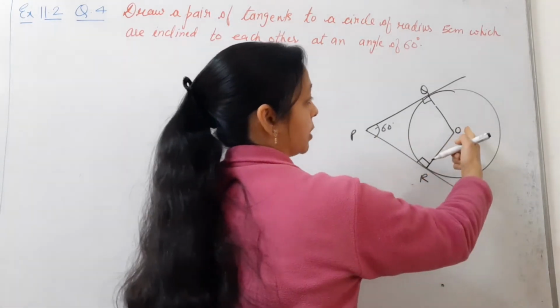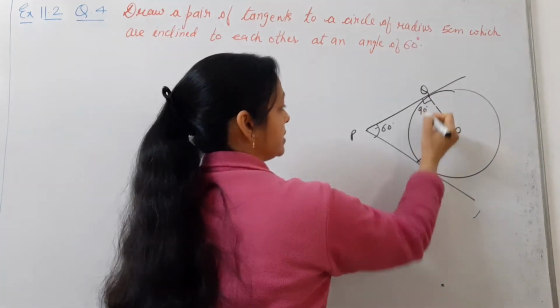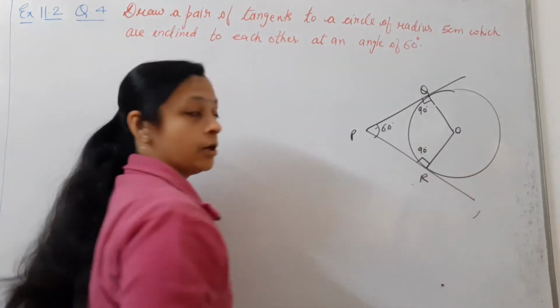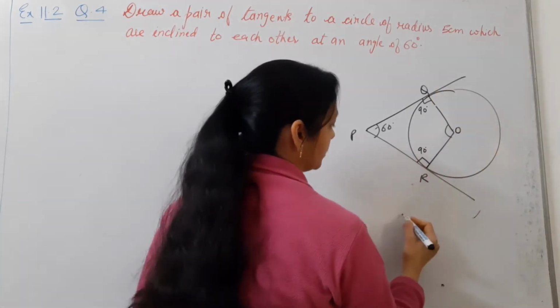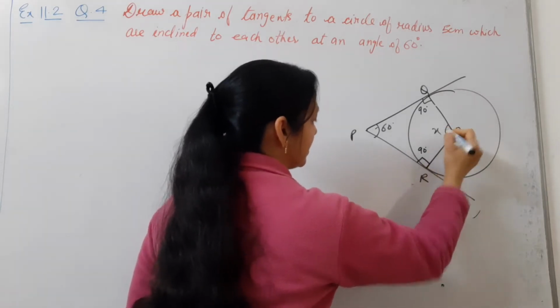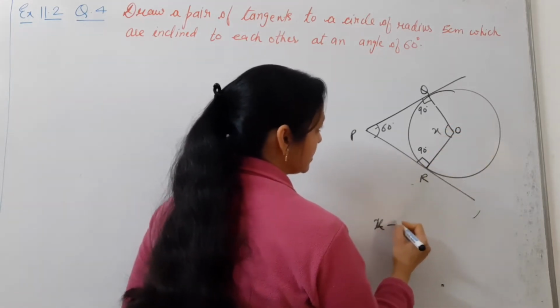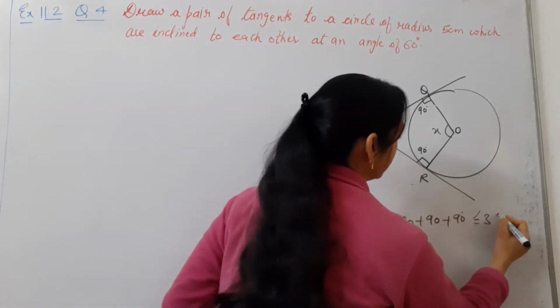And now you have a quadrilateral OQPR in which you know three angles, so you can easily find the fourth angle, angle RQO. Suppose this is angle X. By the angle sum property, the sum of all angles is 360, right?